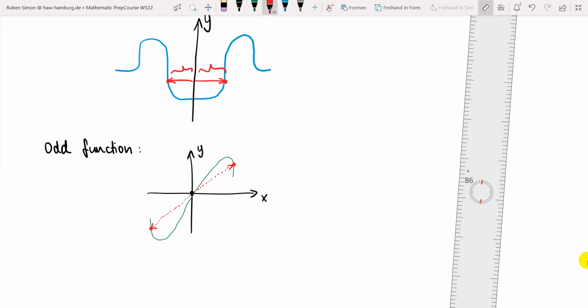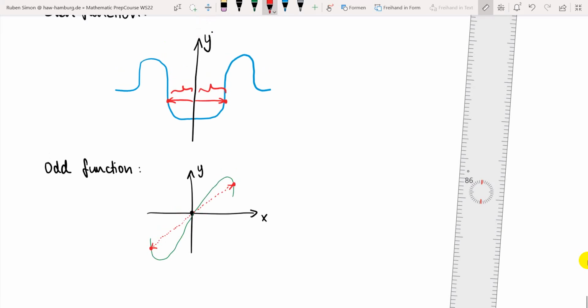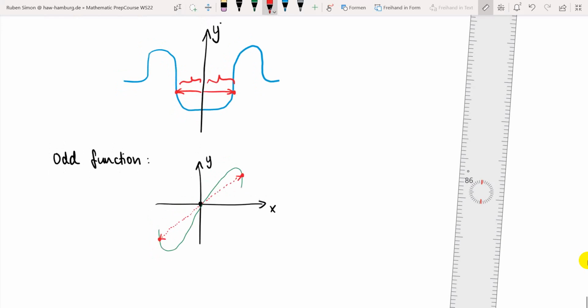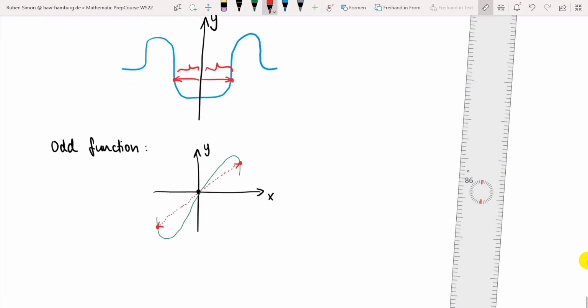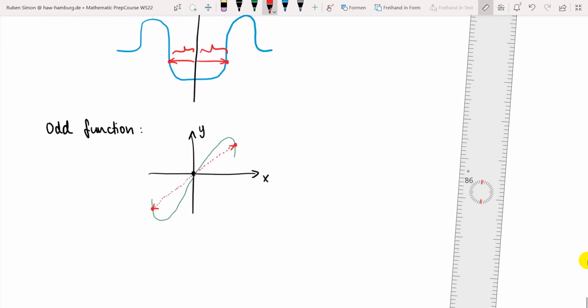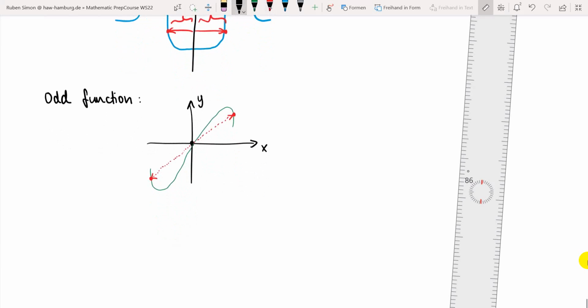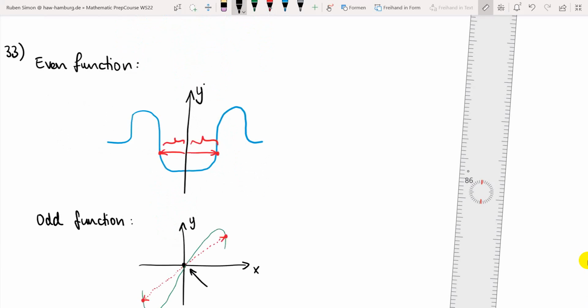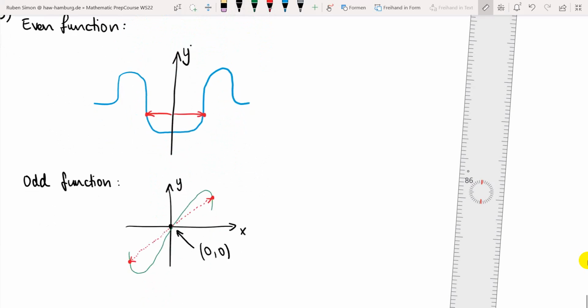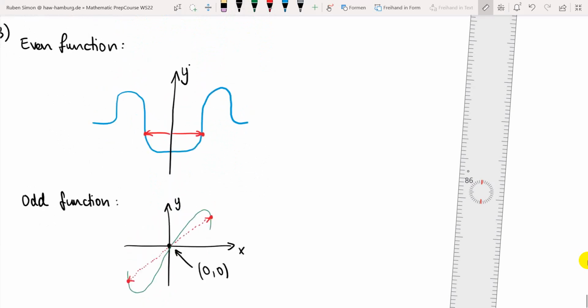In German schools and at the HAW again, this point for saying that a function is an odd function needs to be the origin. Again, I'd rather prefer a more common definition of this point not needing definitely to be the origin of the coordinate system, but in Germany, it's like this, and you should remember it like this too.